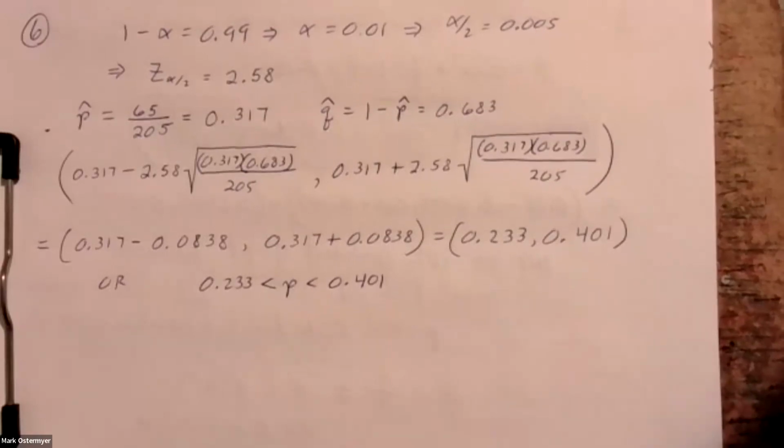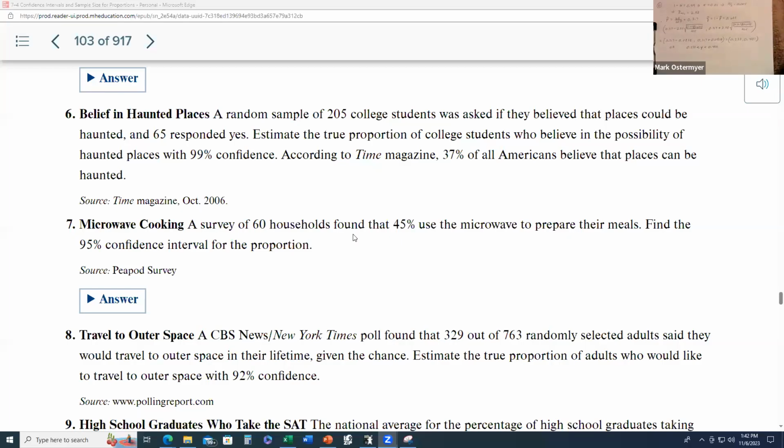Now, if you go back to the latter part of this problem, it indicates that according to Time magazine, 37% of all Americans believe that places can be haunted.